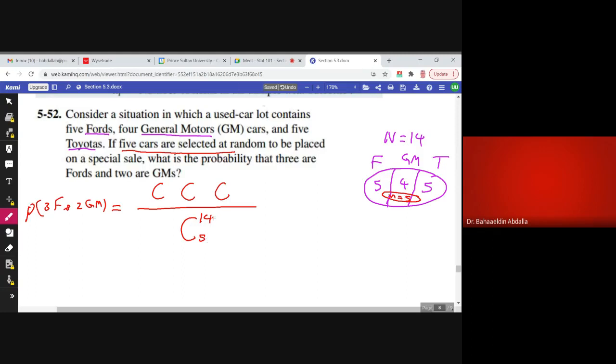Now these 14 are divided into 5 Fords, 4 GMs, and 5 Toyotas. Okay, how would you like to divide these 5? I need 3 of them are Fords, 2 of them GMs, and that's it. 3 plus 2 is 5, so you select 0 from here, and you can find the answer by the calculator.